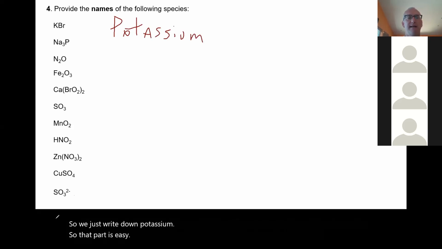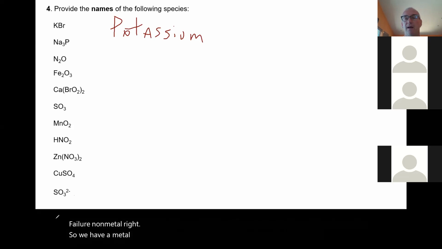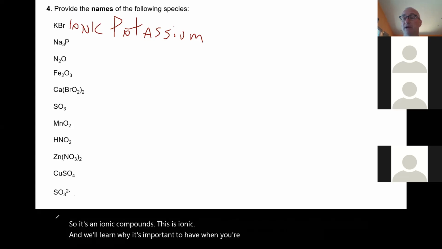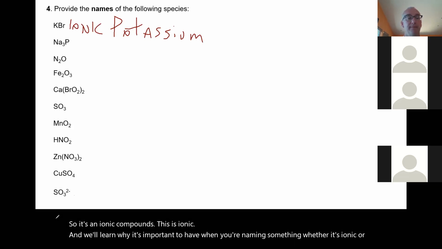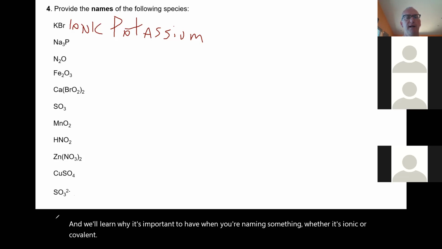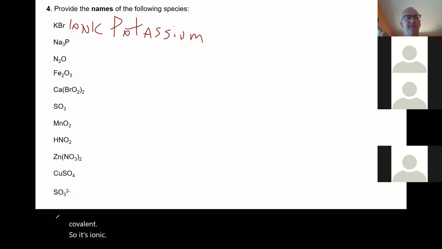And Br, is that a metal or non-metal? It's got to be a non-metal, right? So we have a metal and we have a non-metal. So it's an ionic compound. And we'll learn why it's important, when you're naming something, whether it's ionic or covalent. So it's ionic, it's potassium, it's Br, and someone told me what Br was.